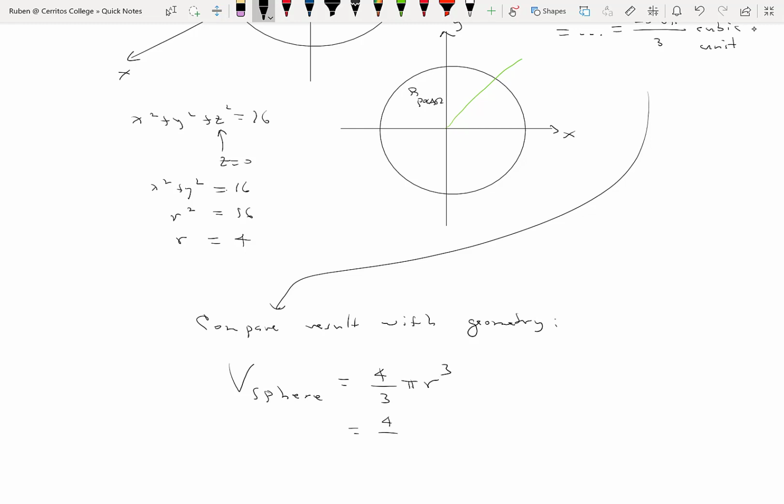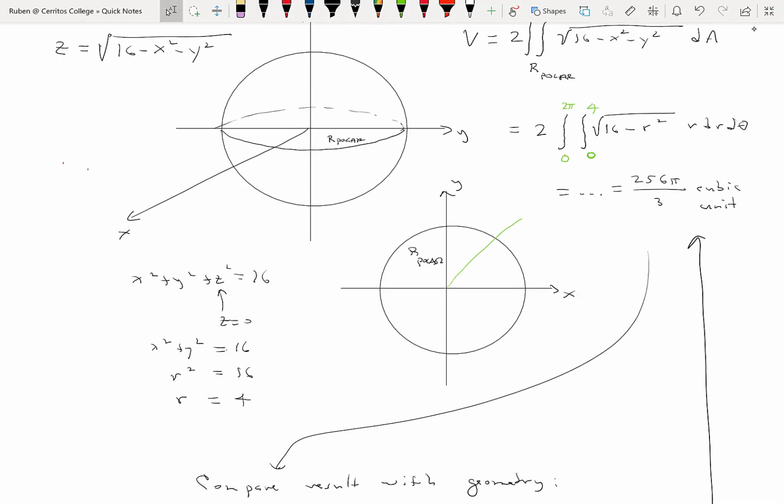So the radius of our sphere is 4 cubed. 4 cubed is 64, times 4/3 is 256 pi over 3. This checks out perfectly with what we got by calculus. So if all we needed to do was to find volumes of spheres, we could have cut to the chase much more quickly by using a result from geometry.